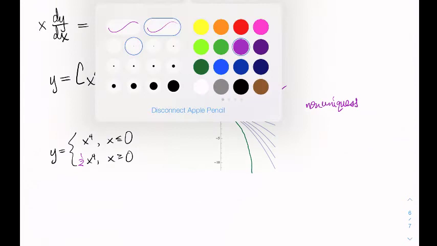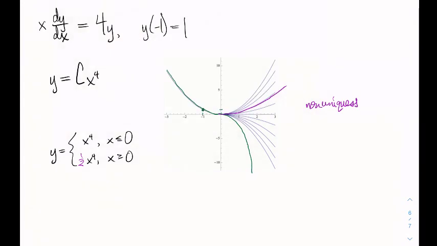So can you spot the feature of this differential equation which allows it to have this property? Okay, so let's see. What is it? Well, the coefficient of the highest derivative, which is just y prime in this case, has a 0 at 0.